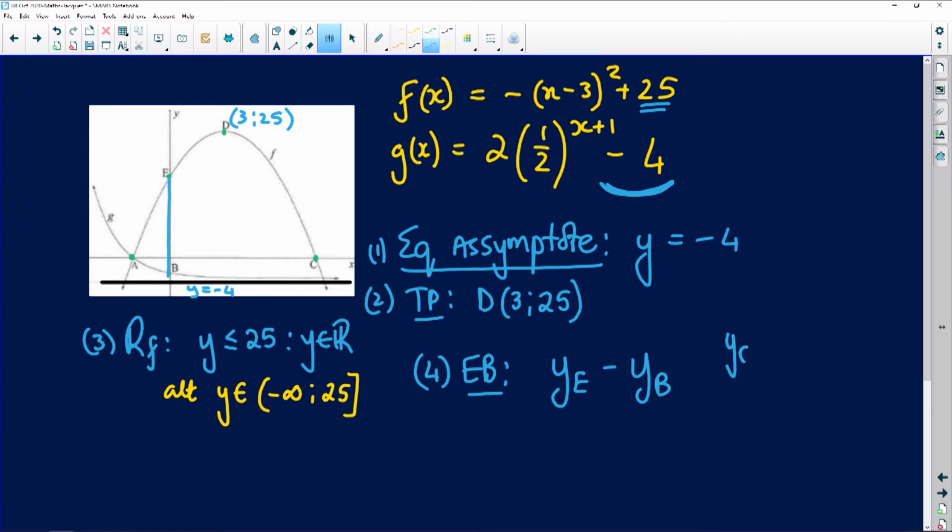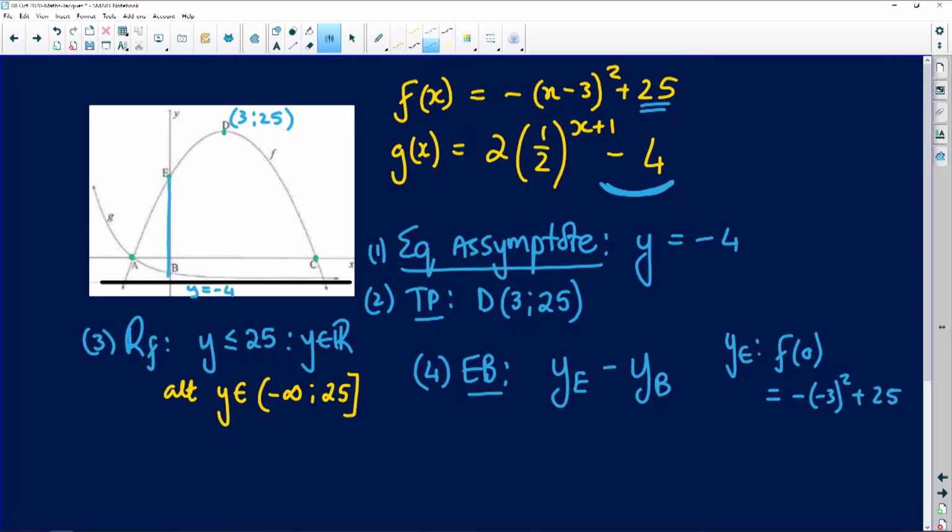Okay, so we need to make x naught in both of these to find the y value. So let's go for the y value of E first. If we make x naught here, so in other words, we want f of 0, we have minus 3 squared plus 25. Now don't go and say that this is a minus times a minus, which is a positive, because it's not the case.